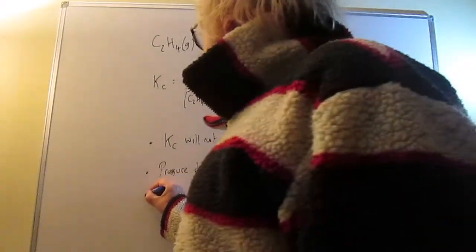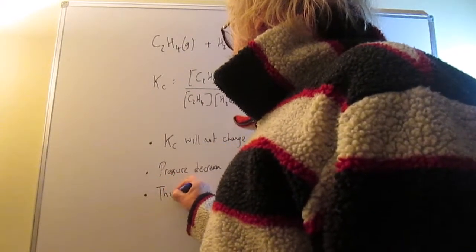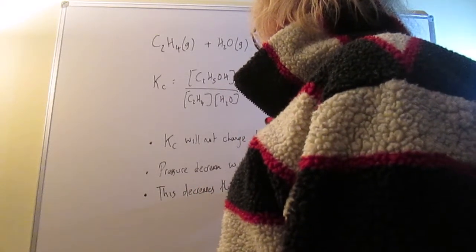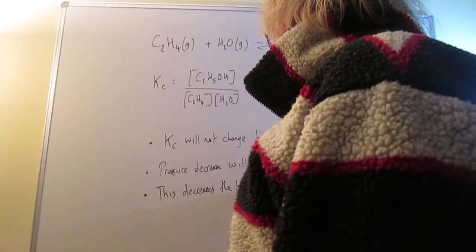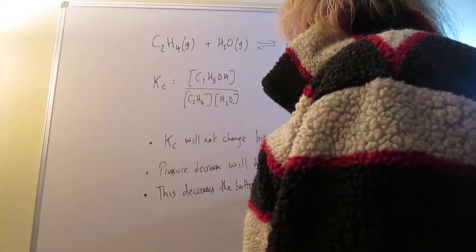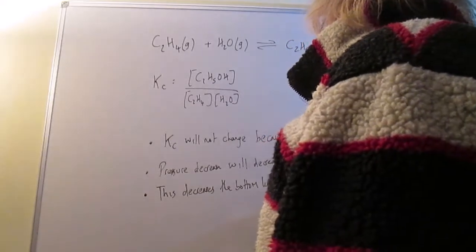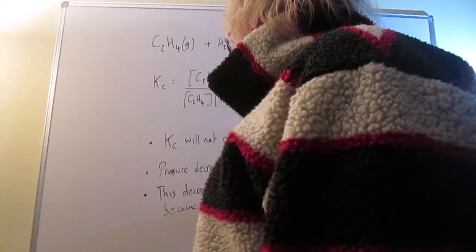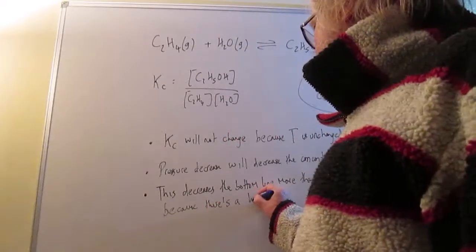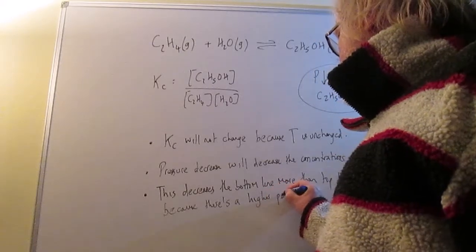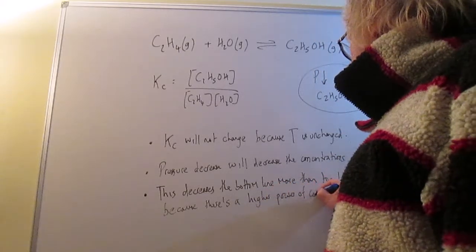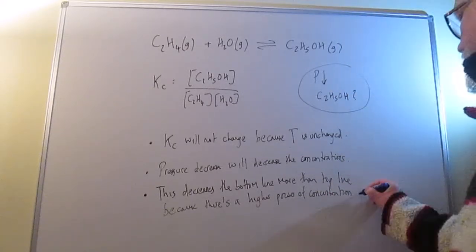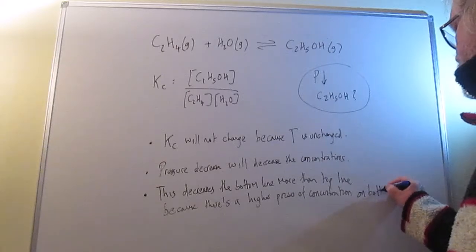So that's the next point you make, that this decreases the bottom line more than the top line, because there's a higher power of concentration on the bottom. Okay, and it's worth really spelling it out like that, so that everyone, including yourself, is clear that you've really thought this through.